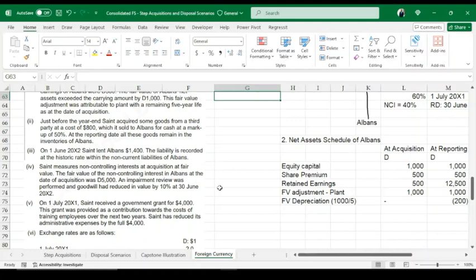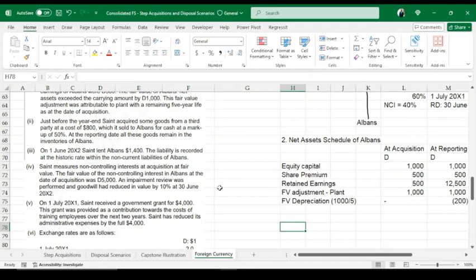So when it comes to the loan treatment, let's do a small calculation here. Now the amount was lent in dollars, so we have to convert it into D at the rate that was in place at the date of transaction, because the loan is going to have an interest element that's going to affect the statement of profit or loss.